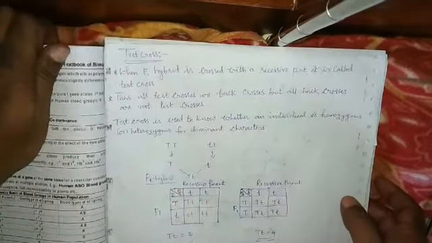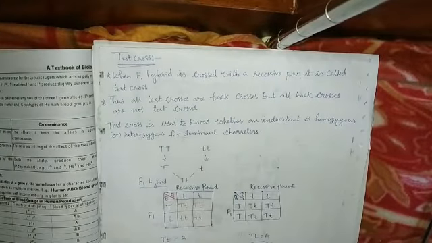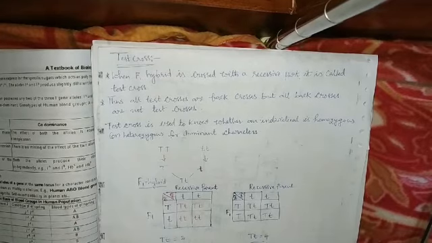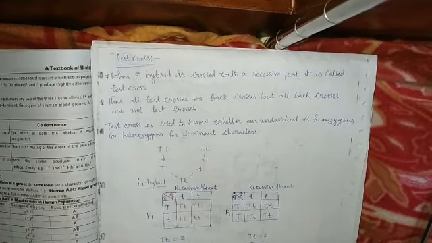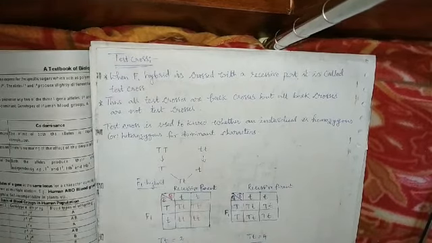So we'll see how we do the test cross and what is the importance of the test cross. Already we discussed that when the F1 hybrid is crossed with the recessive parent, it is called a test cross. All the test crosses are back crosses only, because the F1 hybrid is crossing with the recessive parent, so it is also a type of back cross.